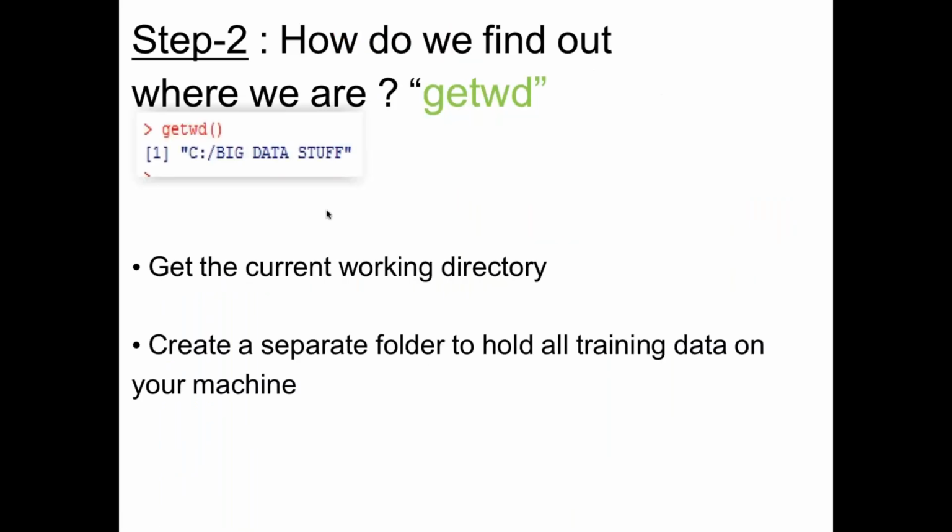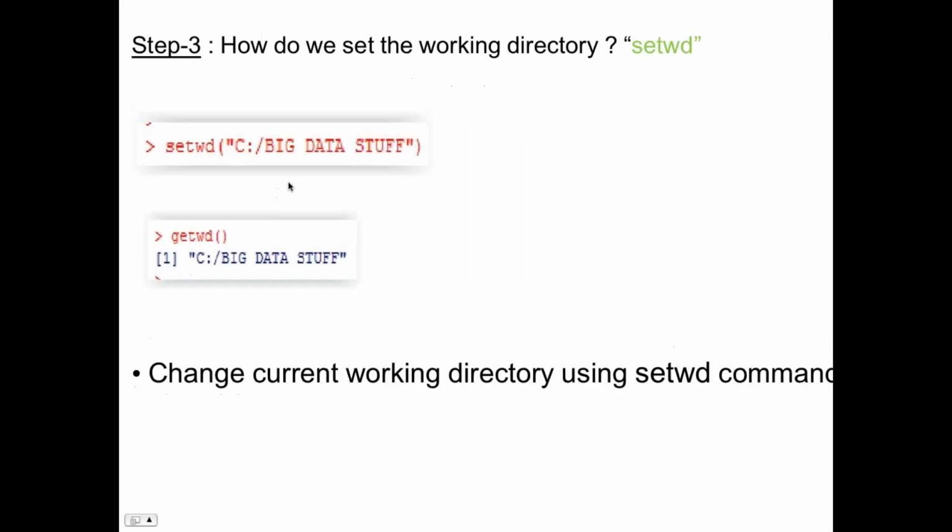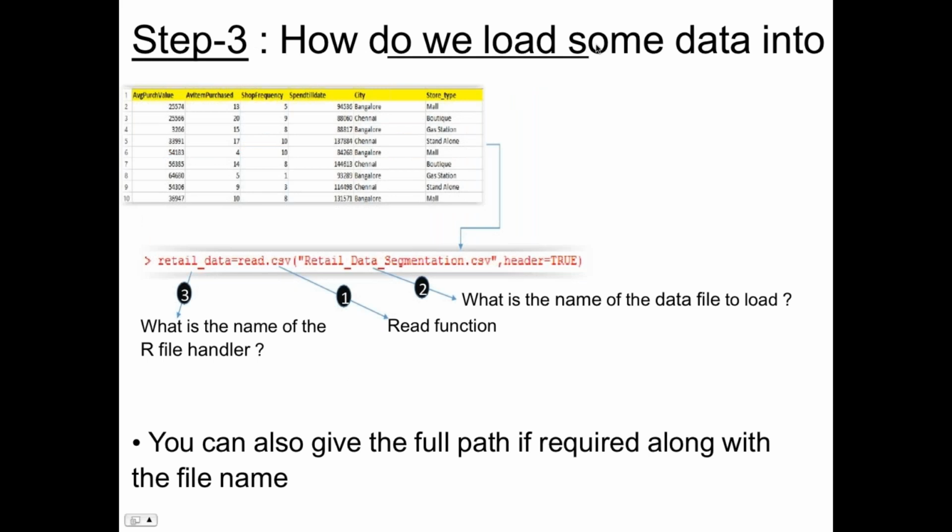We've just seen the first step that once we install R, we get our working directory and set our working directory in R. That's using the get working directory command and the set working directory command. How do you load some data into R? We've just seen how we load data using the read.csv command.